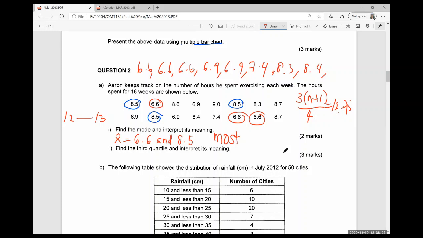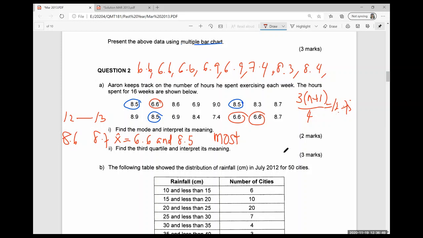So the 12th position is 8.6. And the 13th position, after 8.6 is 8.7. So 8.7.